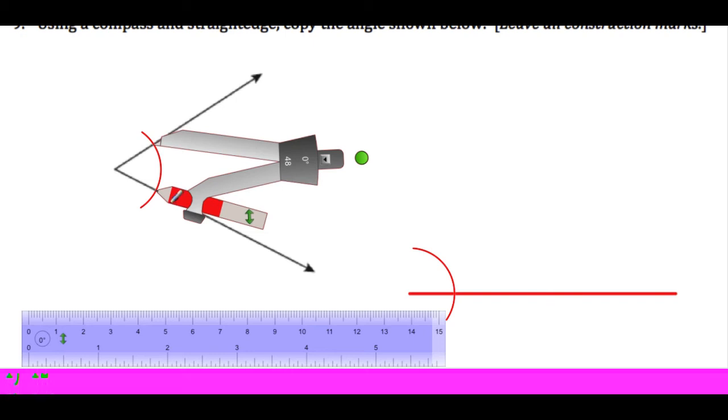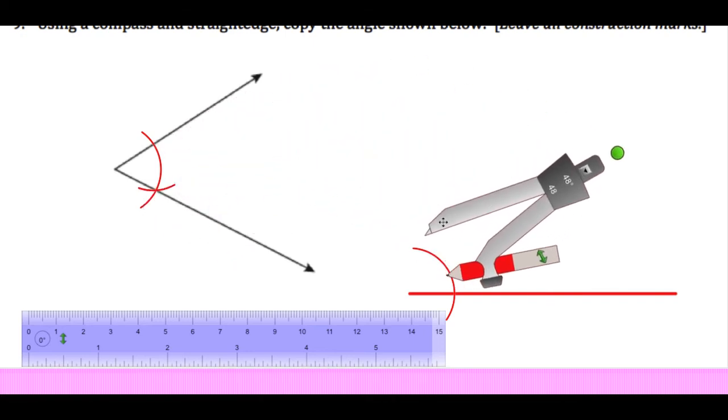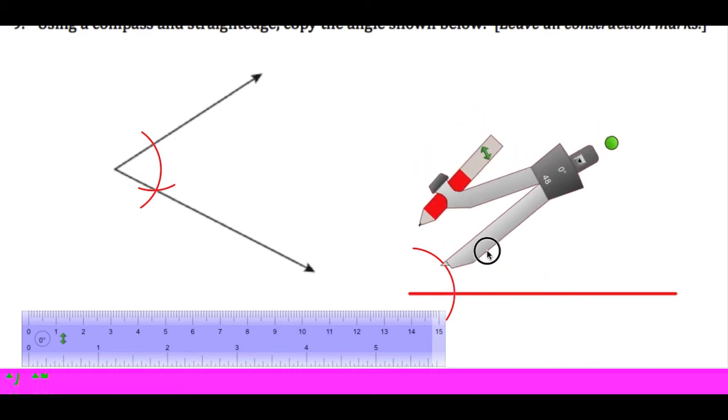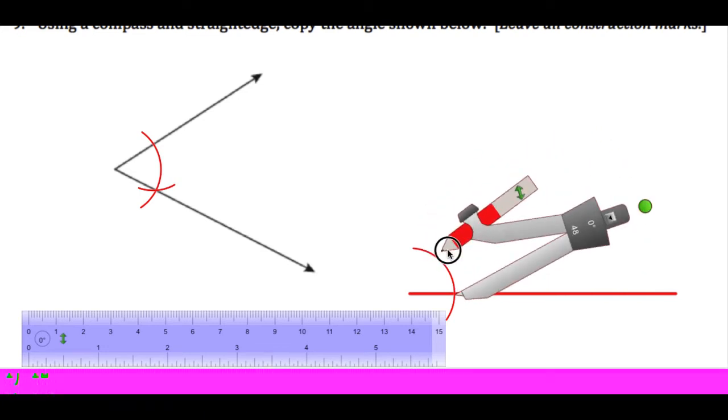Okay, right about there. And without changing anything, notice that this point has to be at the intersection. And draw the arc.